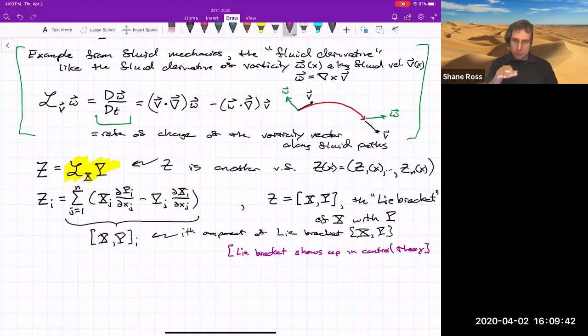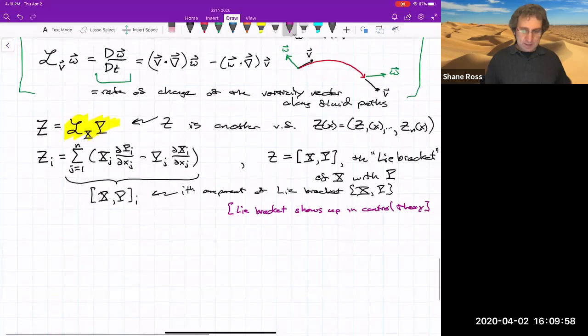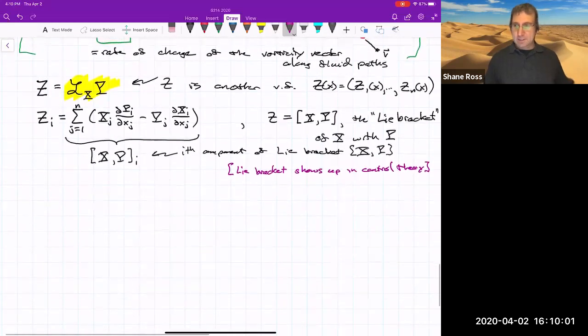The X corresponds to one control, Y corresponds to another. You want to know, if I combine these two controls, can I get motion in another direction? And so if Z ends up being in another direction, then yes, you can do that. So it becomes a fancy way to find out if you can, using two controls.